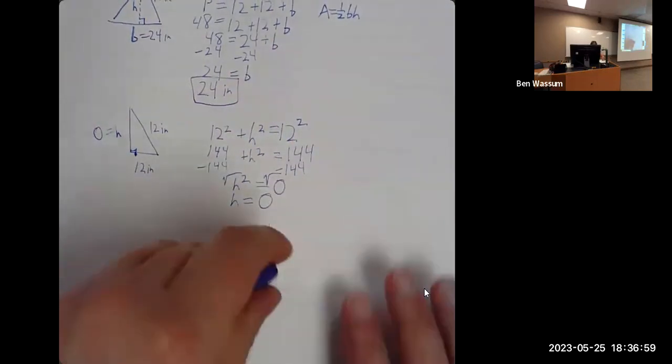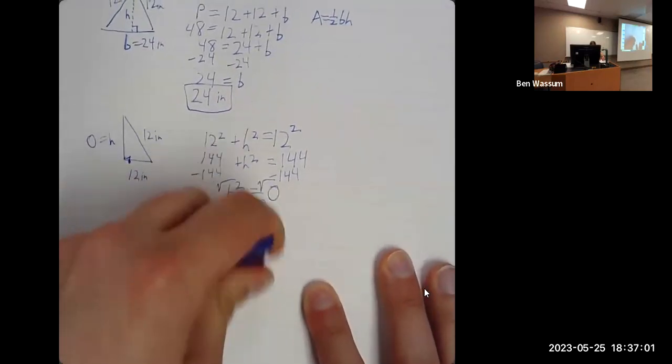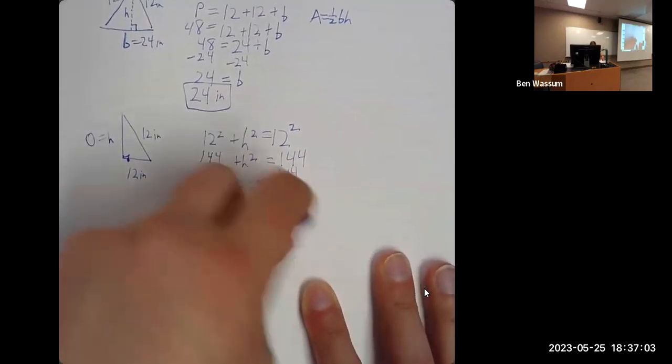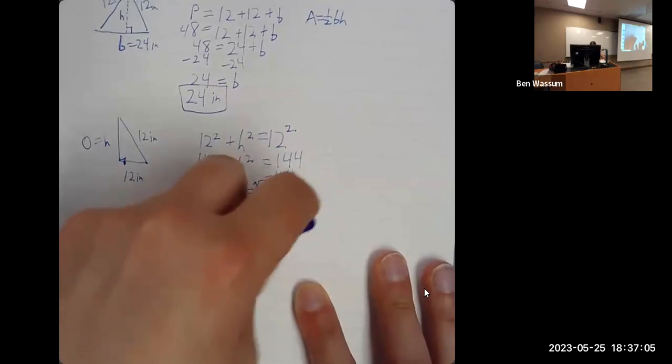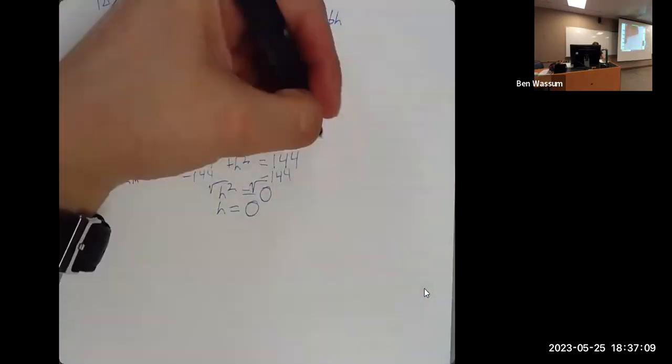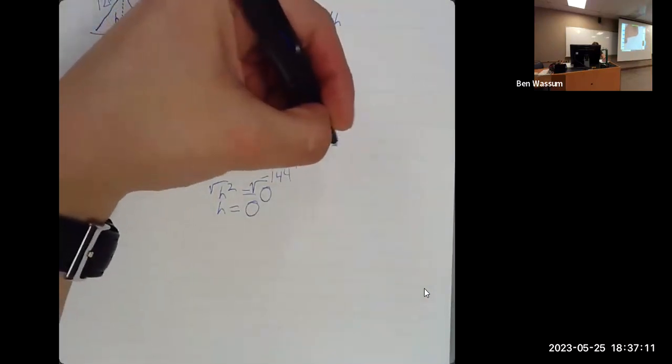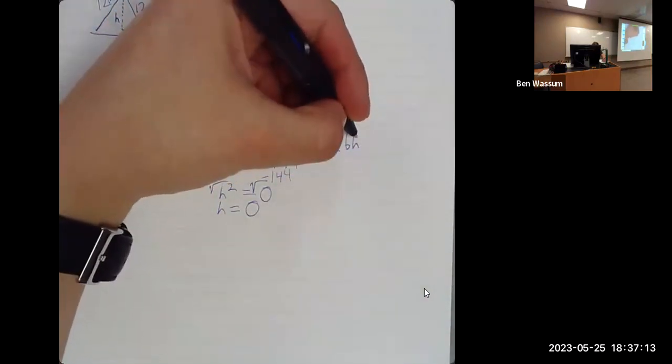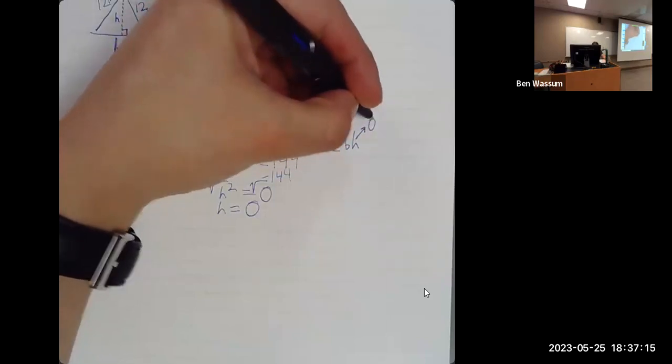Now, I suppose it could be argued that even though this doesn't end up counting as a triangle, we could still have an area. It's just the area is 1/2 the base times the height, and the height is 0.